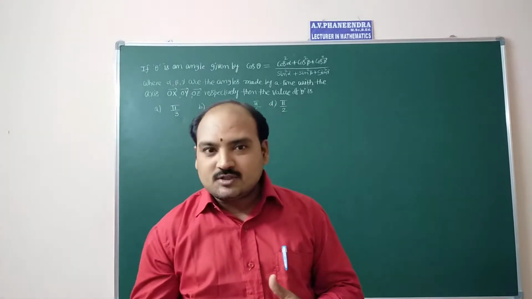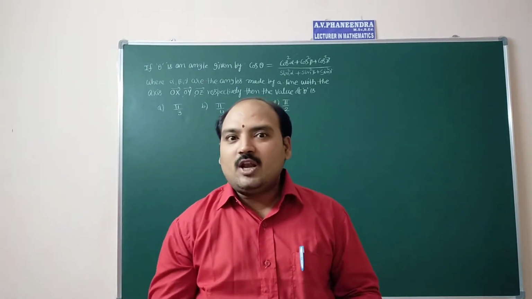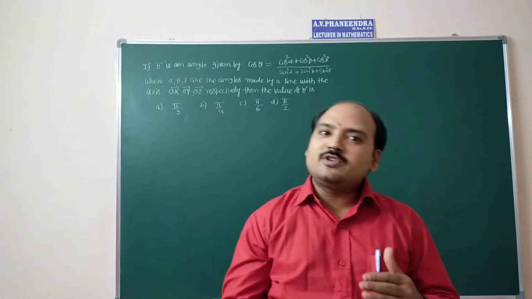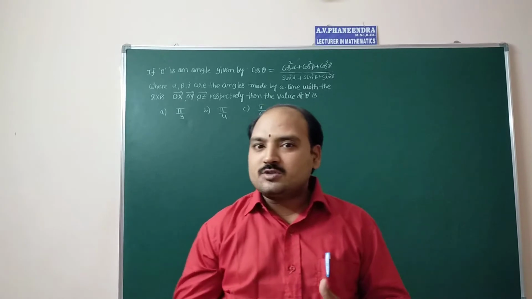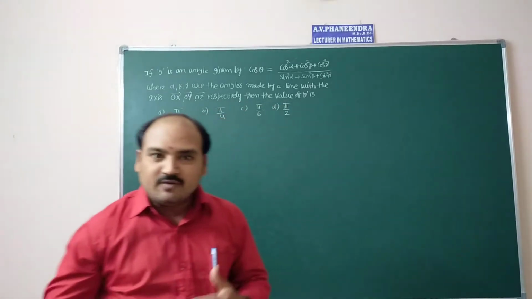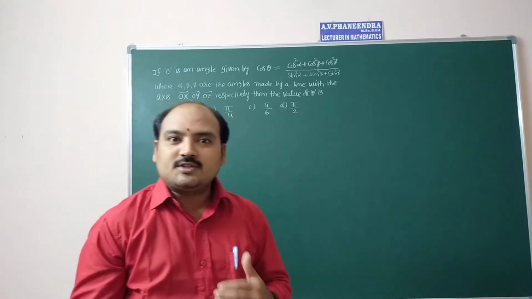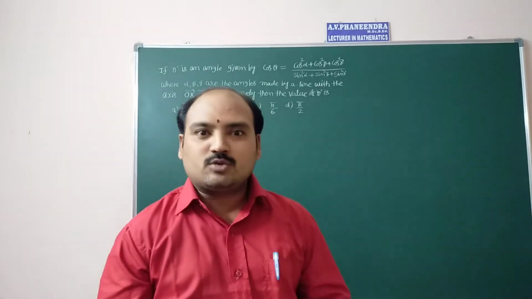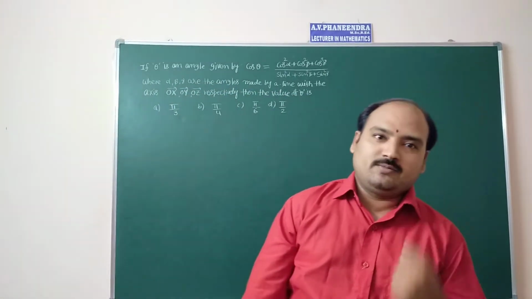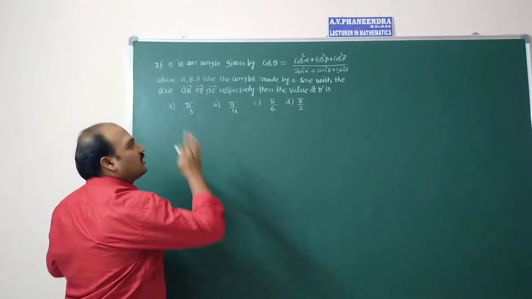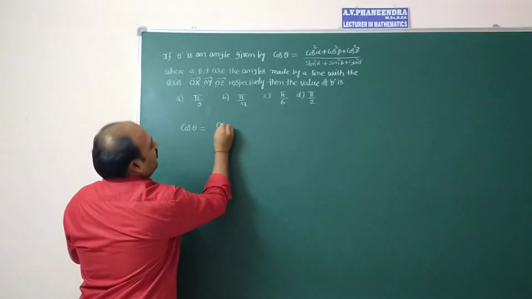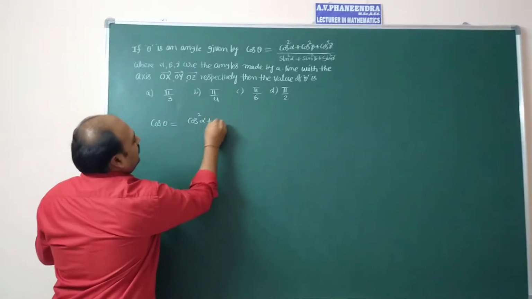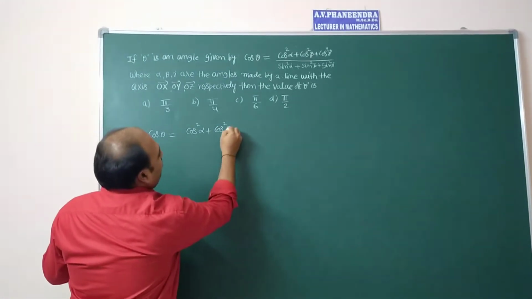They are usually denoted by L, M, N, which are equal to cos alpha, cos beta, cos gamma. The relation between the direction cosines is cos square alpha plus cos square beta plus cos square gamma is equal to 1.